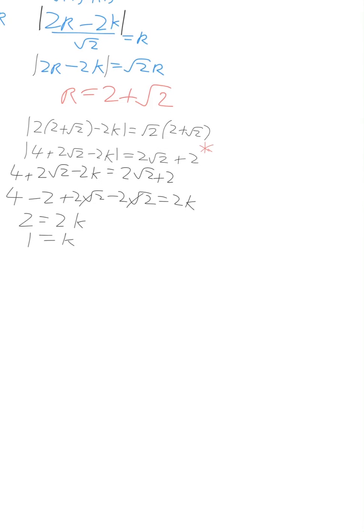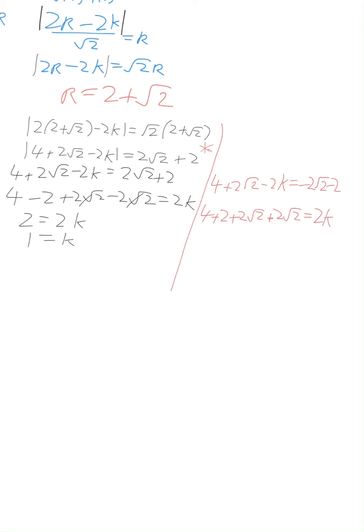Okay, and what I'm going to do now is draw a line here to separate it. So I'm going to do 4 plus 2 root 2 minus 2k equals now minus 2 root 2 minus 2. So let's sort this out. I'll have 4 plus 2 root 2 plus 2 root 2 equals 2k.